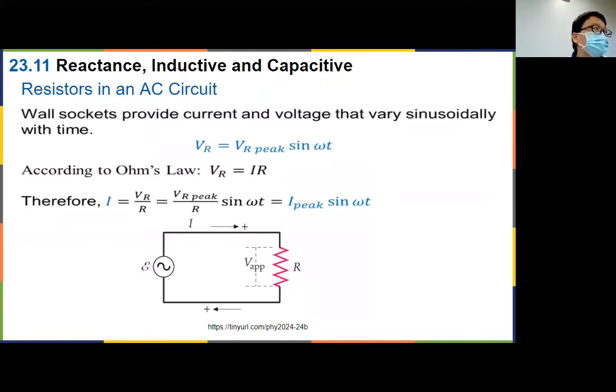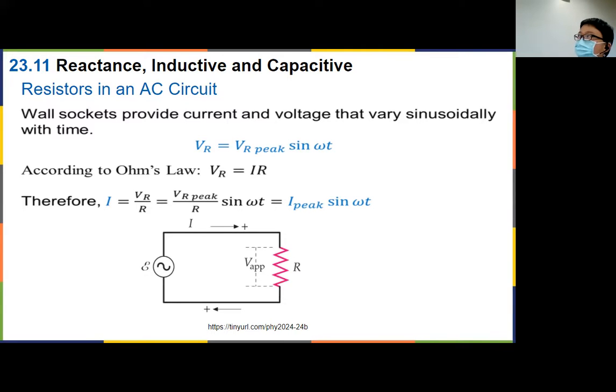So last time we took a look at the electrical elements in the AC circuit. So a resistor in an AC circuit is pretty much the same as in a DC circuit. It responds to the voltage applied to it right away.